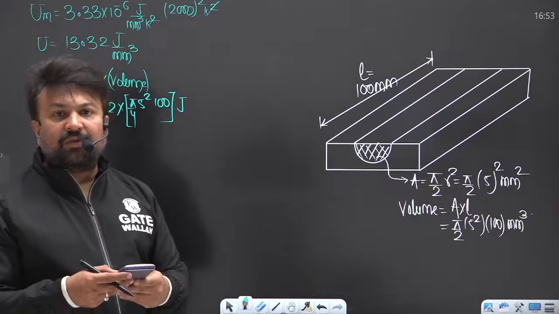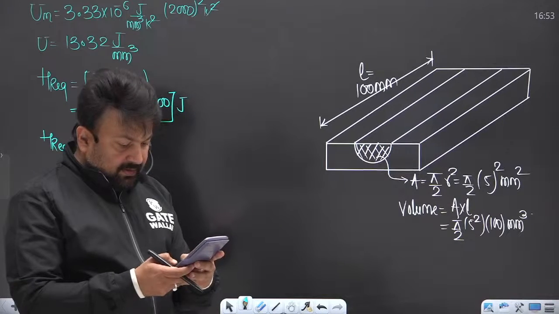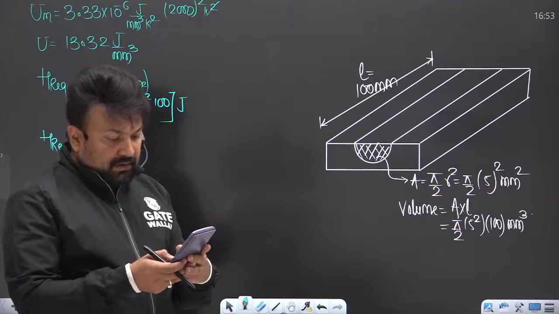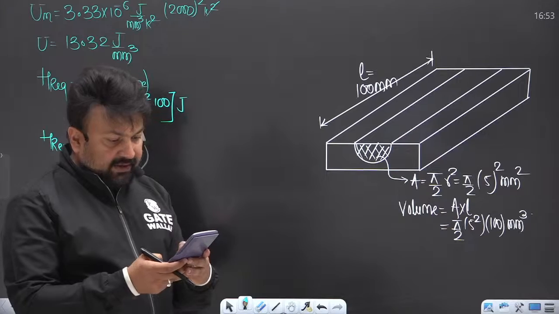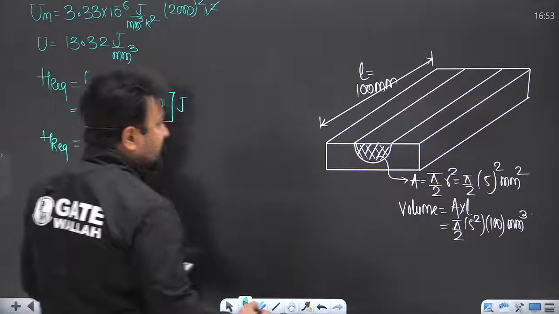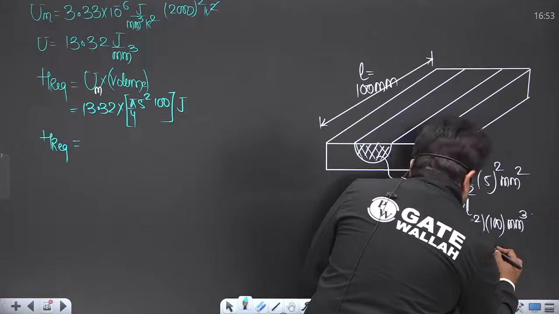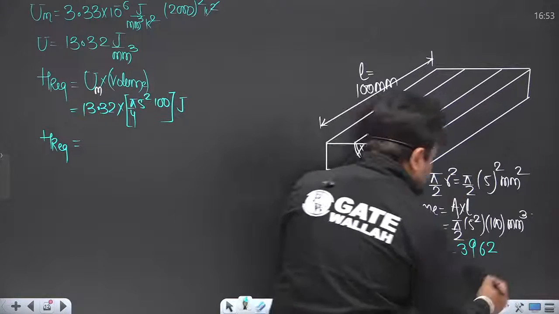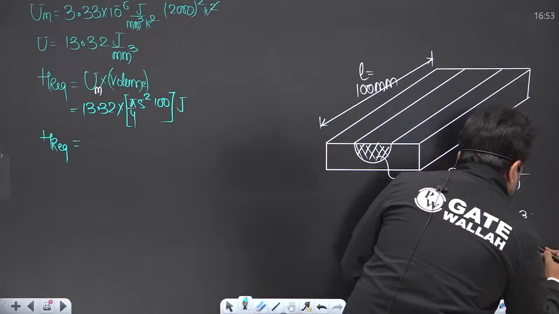So what will be the volume, my dear? Here the volume is pi by 2 into 5 square into 100, so it is 3926.99 mm cube.